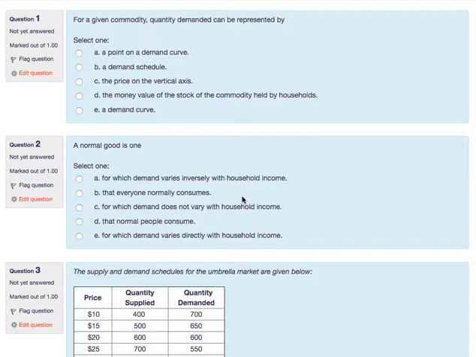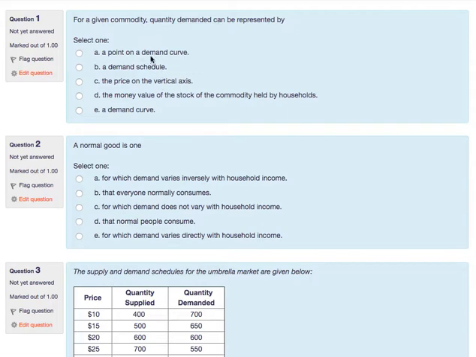So if we look at these answers here, if we talk about a demand schedule or demand curve, that is the aggregation of all of the different quantities demanded at different prices. If we were to take a good and evaluate at every single price what would be the quantity demanded, that would give us the demand curve, or also a demand schedule.